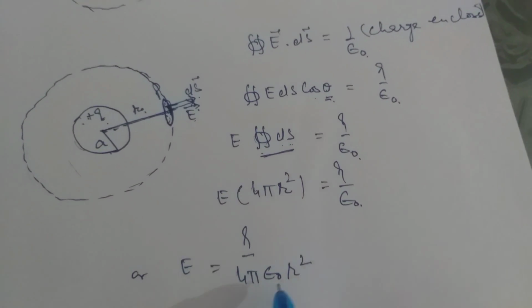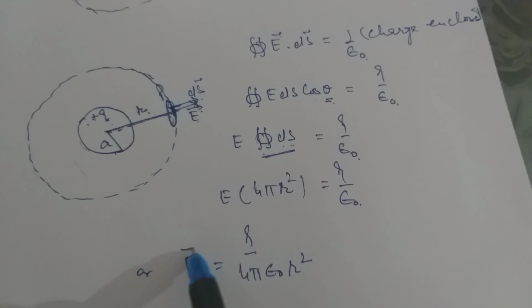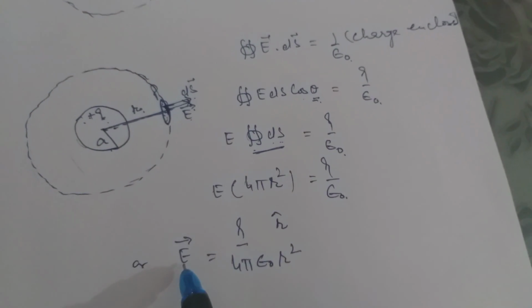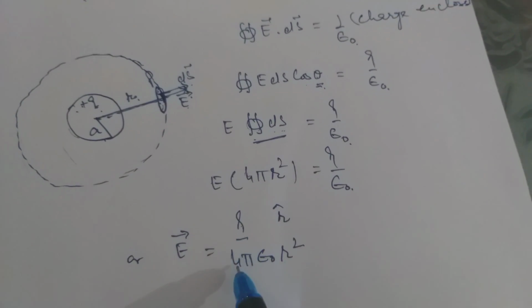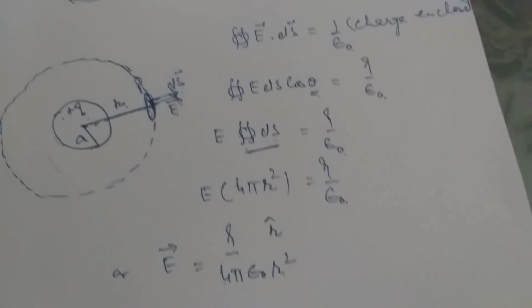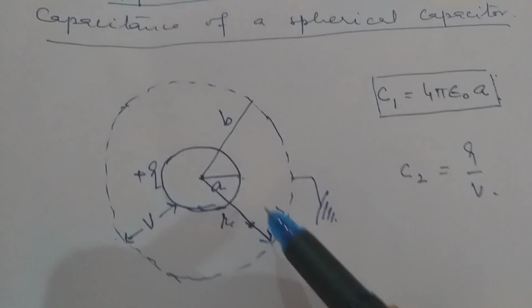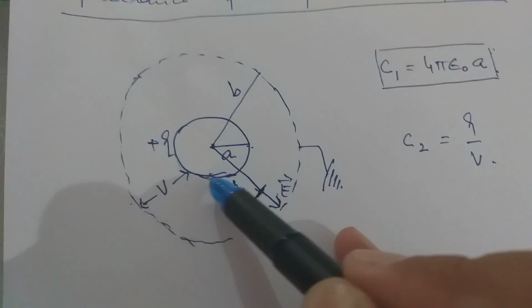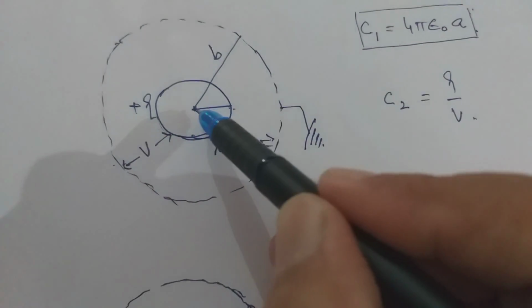If we have to represent it in vector form, then we use r cap: E vector is equal to Q upon 4 pi epsilon naught r square into r cap. So this is the field at point P due to the charged conducting sphere of radius A.